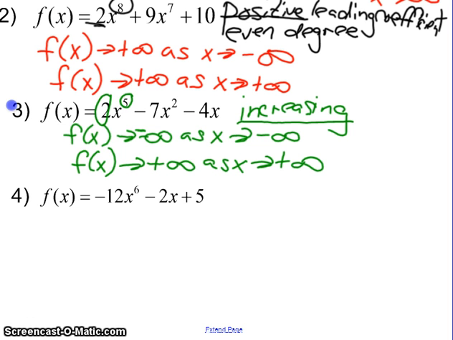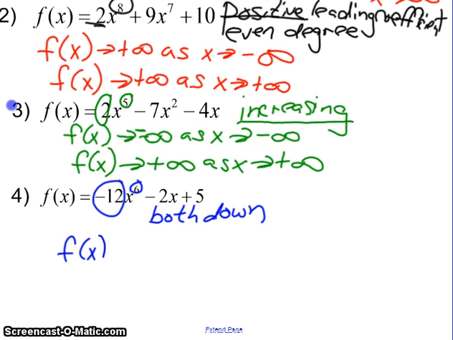Okay, so here we've got degree even, leading coefficient negative. Okay, degree even means both ends are facing the same direction. Are they up or are they down? They're both down because the leading coefficient is negative. Okay, so on the left, f of x is going down.